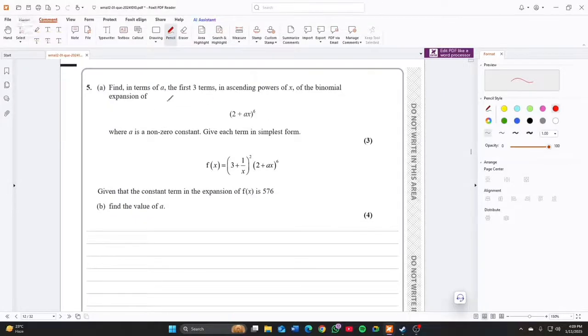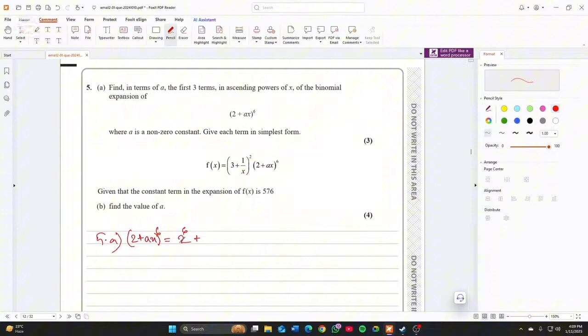Next question, 5a. Find in terms of a the first three terms in ascending powers of x of the binomial expansion of this. This is easy. We know the formula.